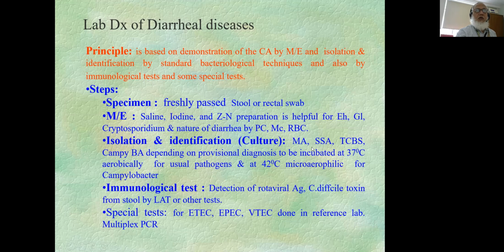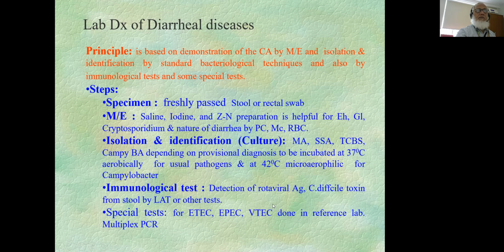Culture is to be done in special media based on suspicion. We need MacConkey agar, Salmonella-Shigella agar, TCBS, and Campy blood agar plate if we suspect Campylobacter jejuni. Incubation also varies: mostly 37 degrees centigrade for usual pathogens, but Campylobacter needs 42 degrees centigrade in microaerophilic condition.